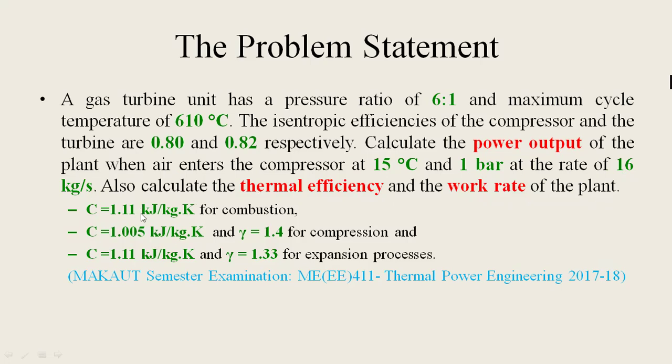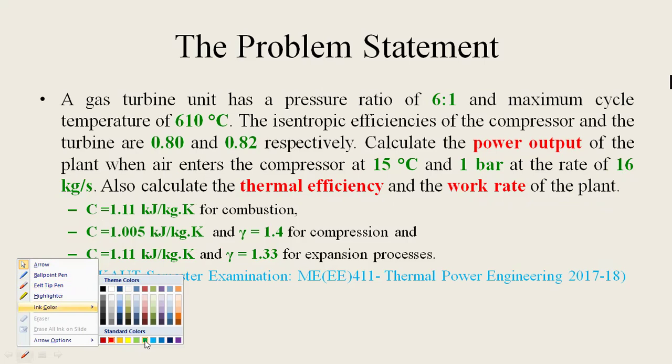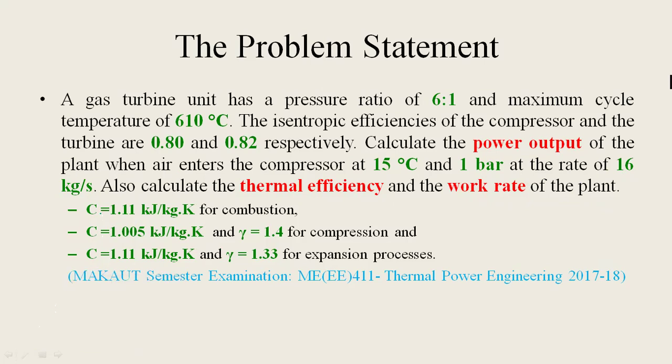The given property values, that is Cp: Cp is equal to 1.11 kilojoule per kg Kelvin for combustion.